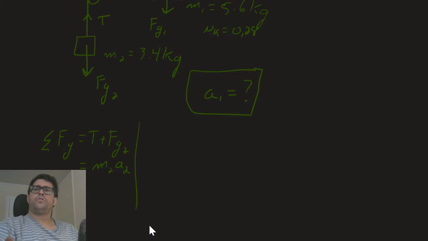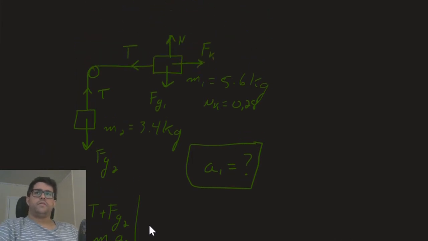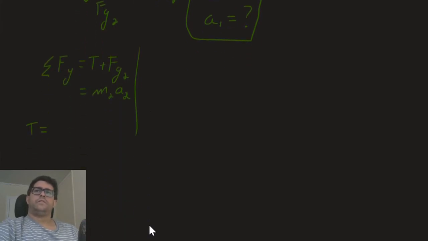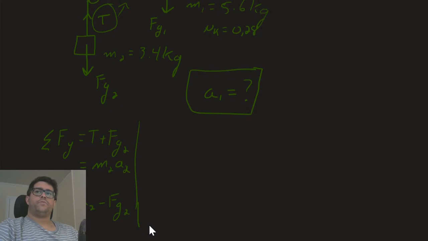So let me just first write T equal, because the goal will be to find T and bring it over here. T is going to be M2A2 minus Fg2. Can we calculate it? Not necessarily, because we don't have A2, right?